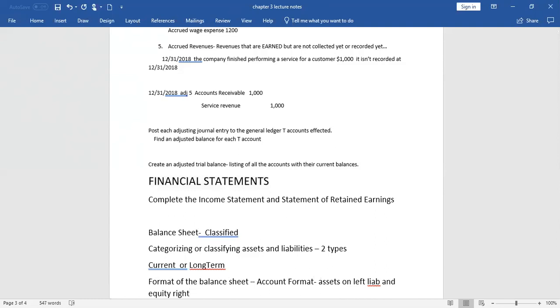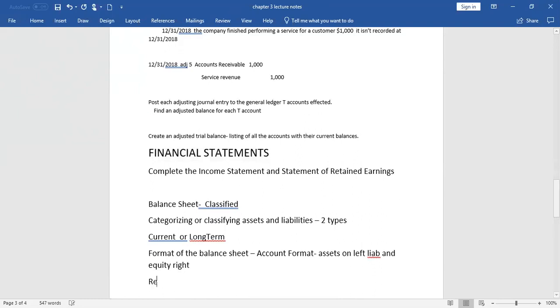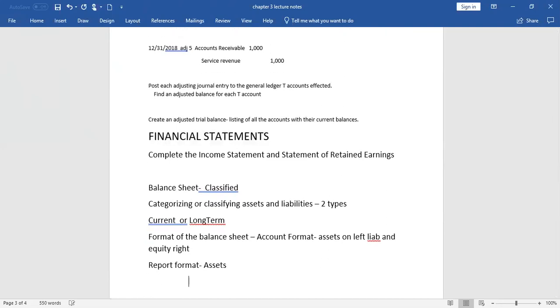It looks like an account. The other type of format is called a report format. And that's where you list assets and then right under assets, not next to them, right under it, liabilities, and then underneath the liabilities, stockholders' equity.